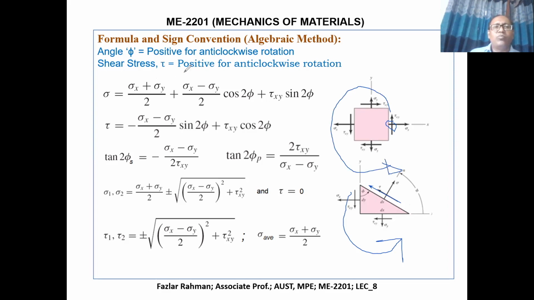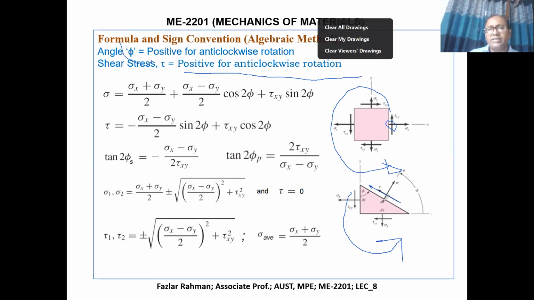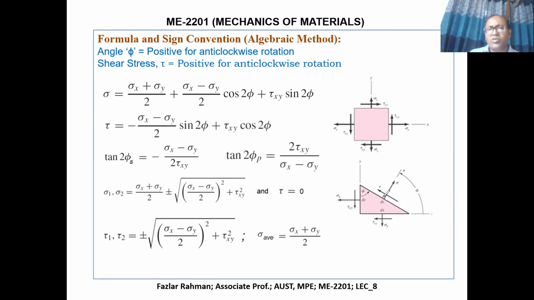So tau is positive for anti-clockwise rotation in this formula. And phi, we count anti-clockwise. This angle is phi, counted from the x-axis. From the x-axis, if you rotate anti-clockwise, then phi will be positive. So those things you need to remember.